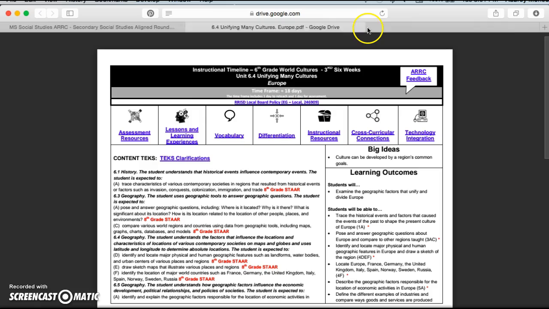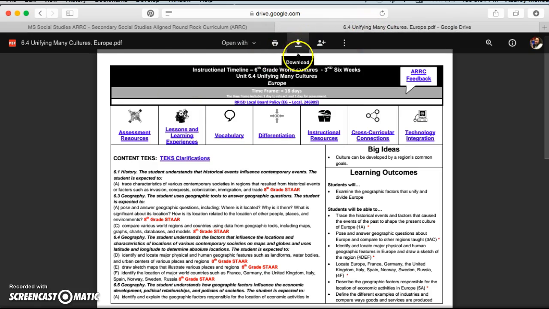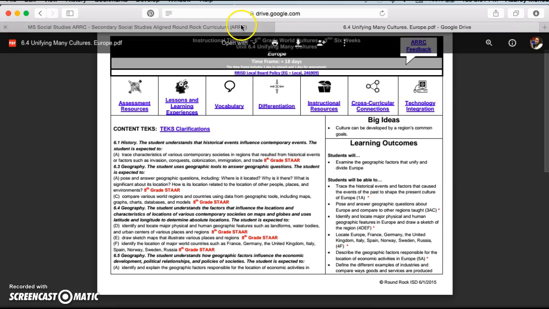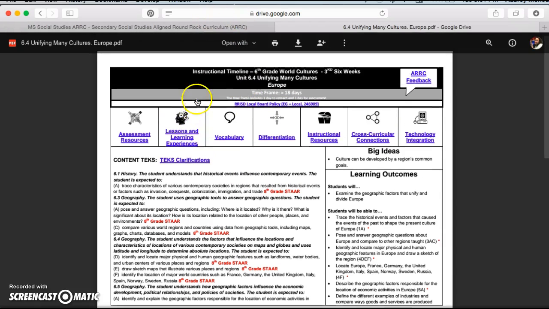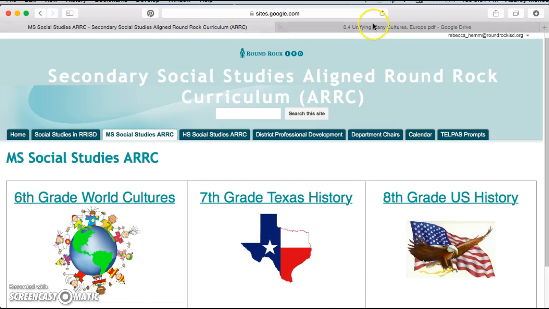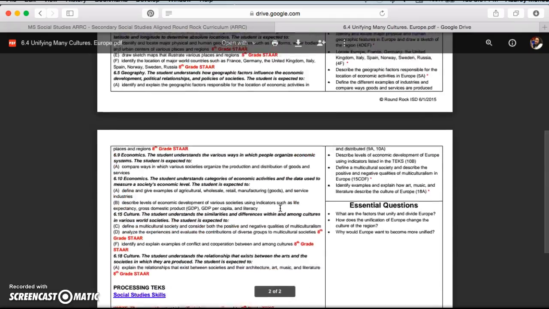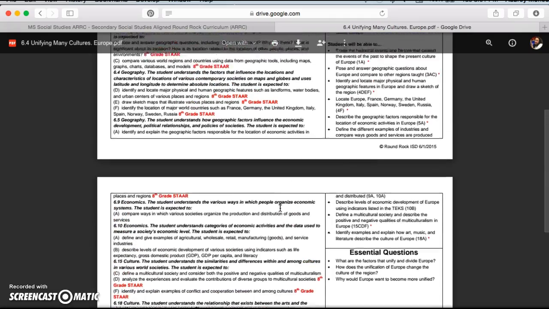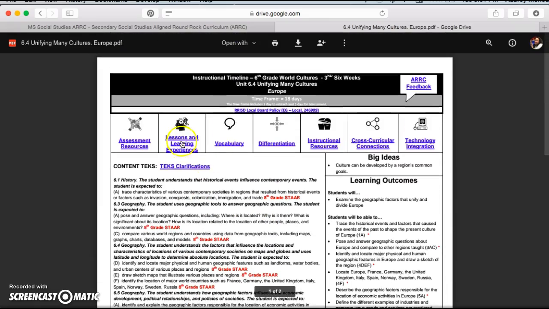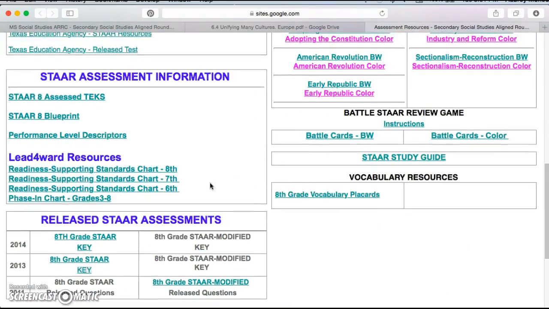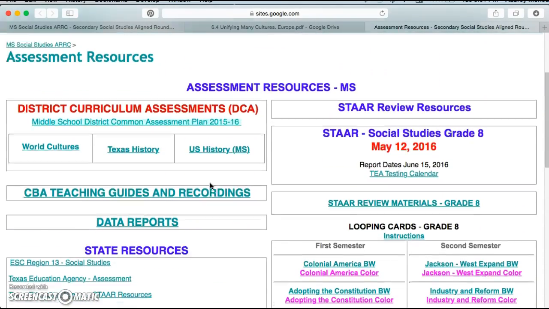Okay, looking back at, one second. It talks about pre-assessments, but I don't see it. Oh yeah, going back to assessment resources, it gives you, where is it?